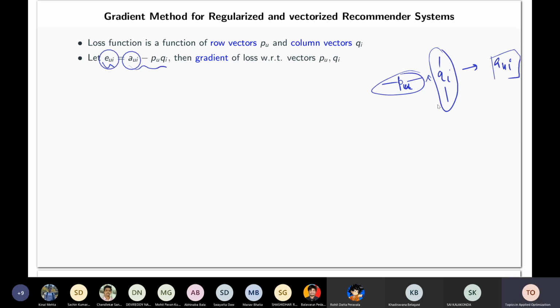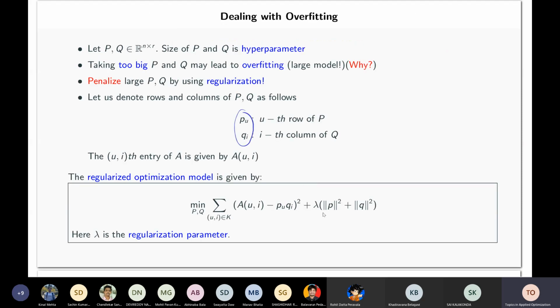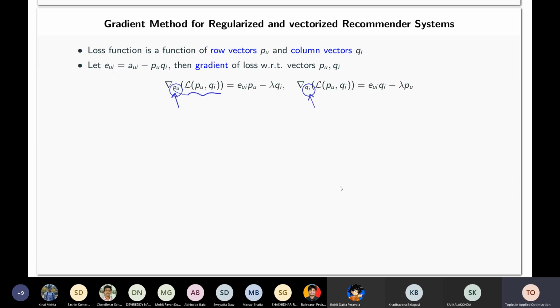Okay, in that case, the error will be seen as a function of the row vector and column vector. So in that case, I can also define the loss with respect to the row vector. Similarly, I can define the loss with respect to the column vector. So this will be given by this, and this is the loss for the regularized case. That's why you also get the lambda p and lambda q part here.